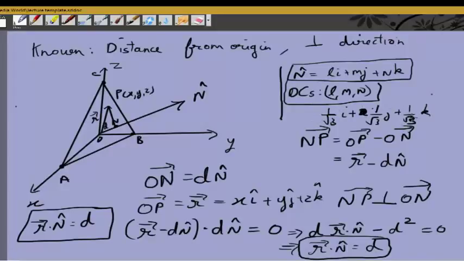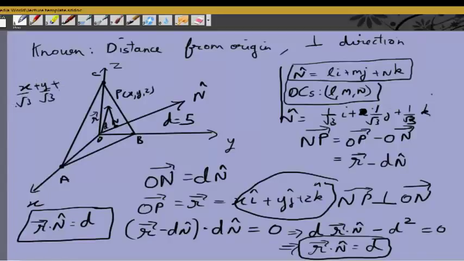So this is the unit vector perpendicular to it given to us, and d is given to us, let's say, to be 5. Then what we get is r dot n cap. r is x i plus y j plus z k. This dot n cap. So what we get is x by root 3 plus y by root 3 plus z by root 3 is equal to 5.